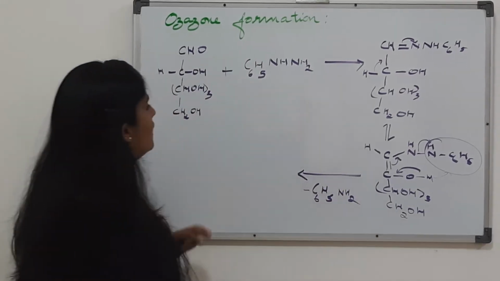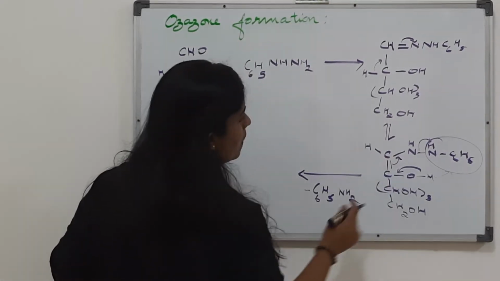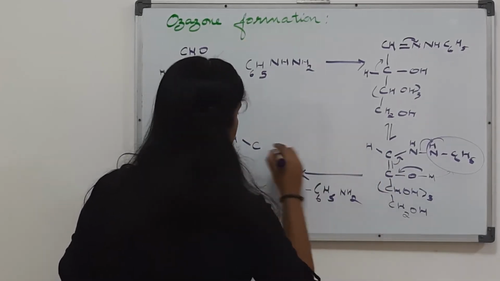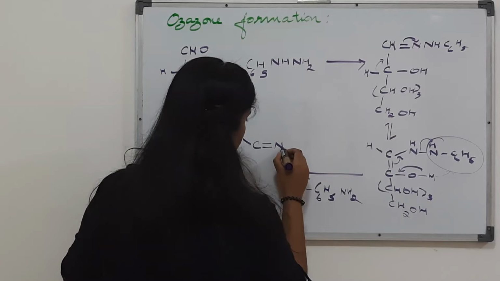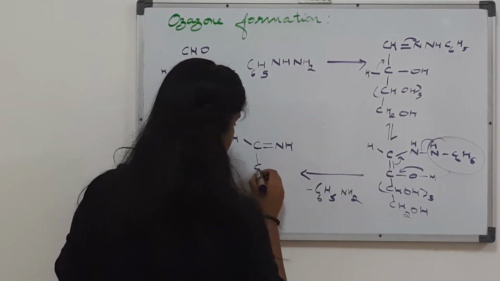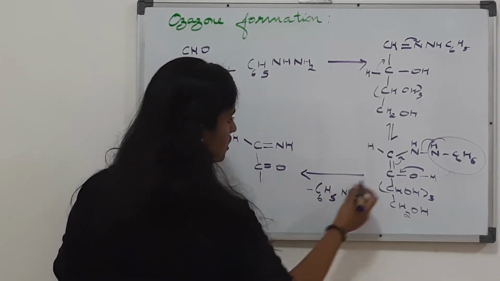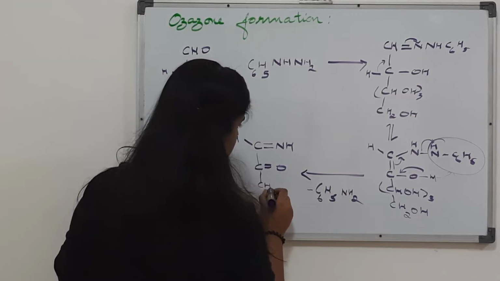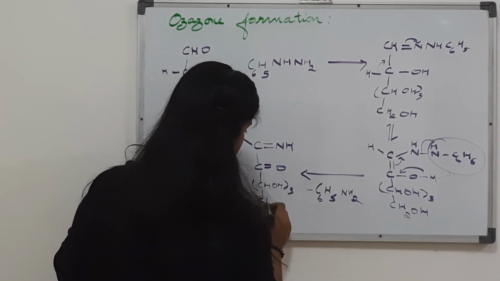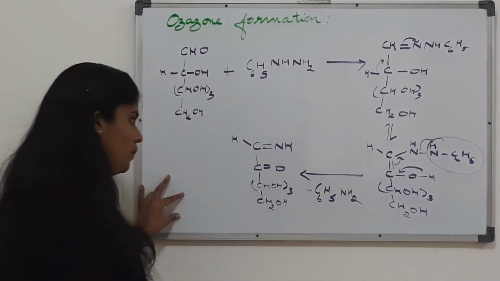The remaining portion is carbon, hydrogen, then double bond NH, then after shifting, a single bond C, and this has become a ketonic group CO, and then the remaining portions as such, CHOH three times, then CH2OH. All that is there as such, and this is the product we got.